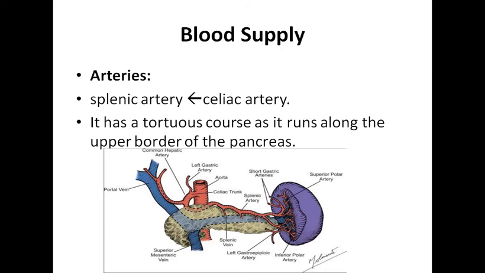It is a branch from the celiac trunk. It has a tortuous course as it runs along the upper border of the pancreas, right? Here in the picture we can see that it is arising from the celiac trunk, running along the upper border of the pancreas and supplying the main structure of the spleen.